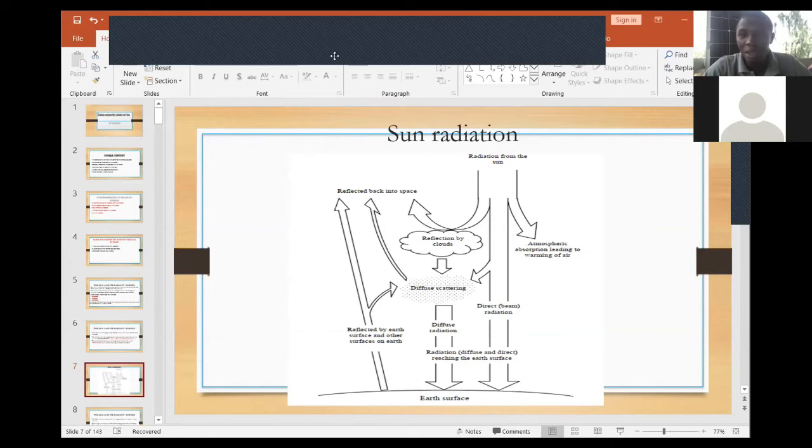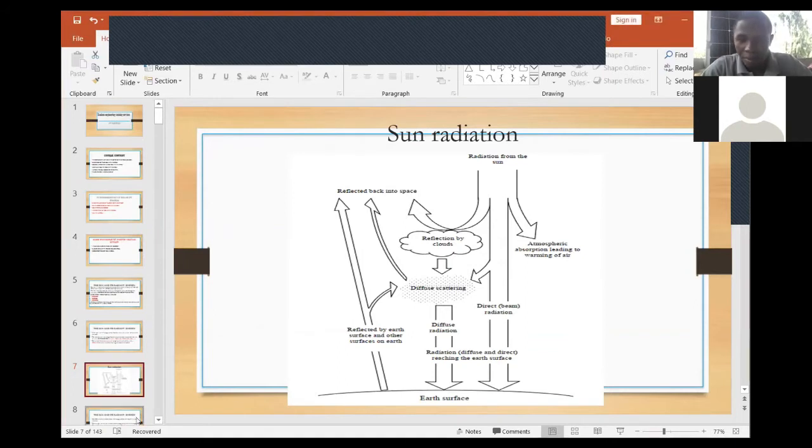But diffuse radiation is the one that has entered the cloud and been scattered before it reached the surface of the earth. Nigeria does not receive beam radiation, we receive diffuse radiation from the sun.